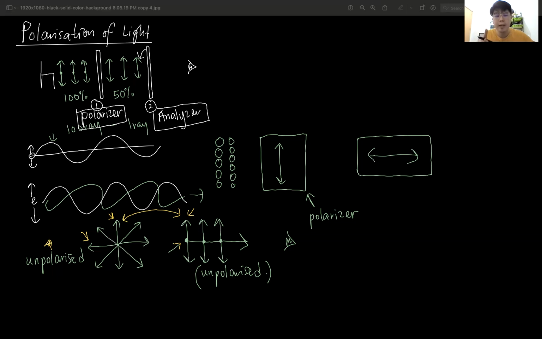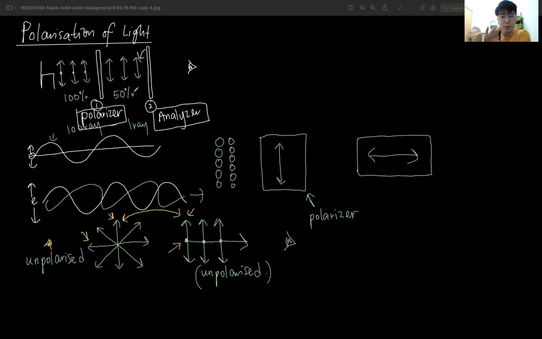How do you know whether the light is polarized or not? You take the analyzer. When you rotate the analyzer, if you do not see the chair, then you know that the light coming before the analyzer is polarized light. Because if the light coming before the analyzer is unpolarized, you rotate it, you still see the chair, because there's horizontal that can pass through.